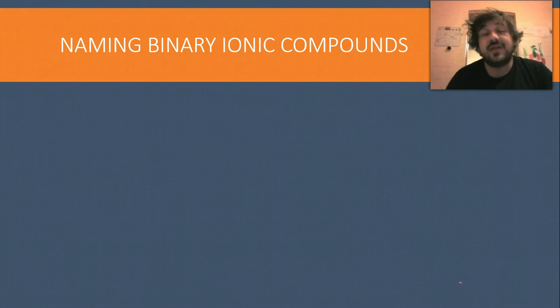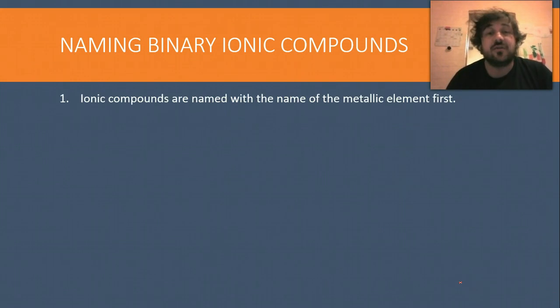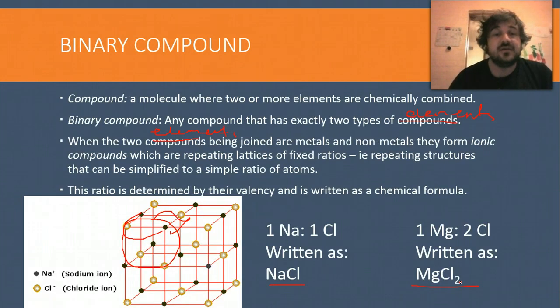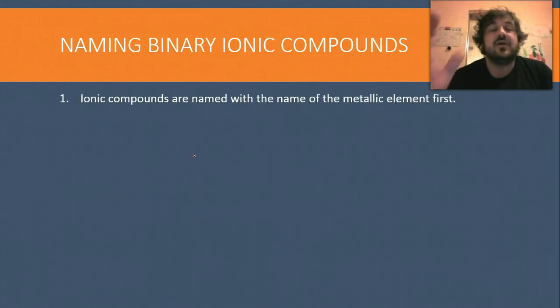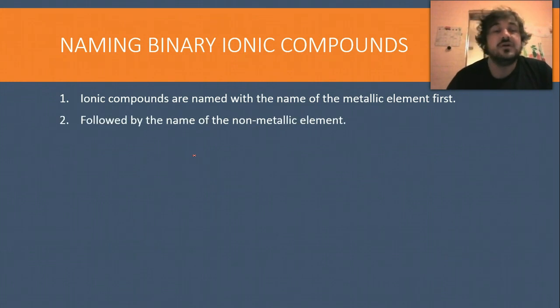Alright, so naming binary ionic compounds. Ionic compounds are metal and non-metal together. We name those with the metallic element first. We follow this up with the name of the non-metallic element.